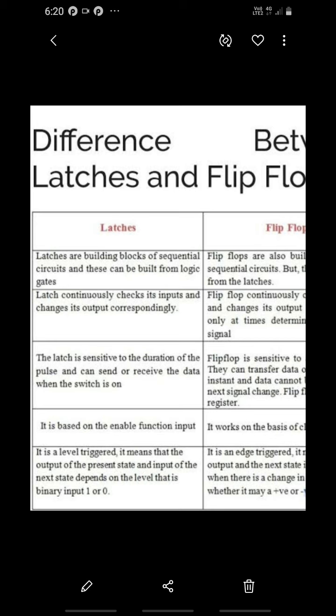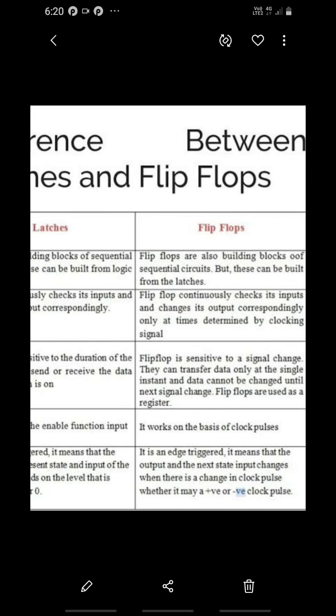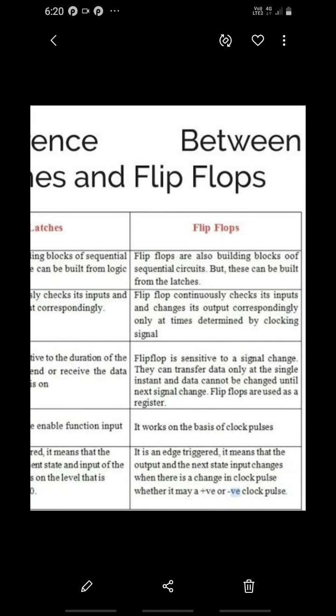The latch is sensitive to the duration of the pulse and can send or receive the data when the switch is on. A flip-flop is sensitive to a signal change. It can transfer data only at the signal instant, and data cannot be changed until the next signal change.